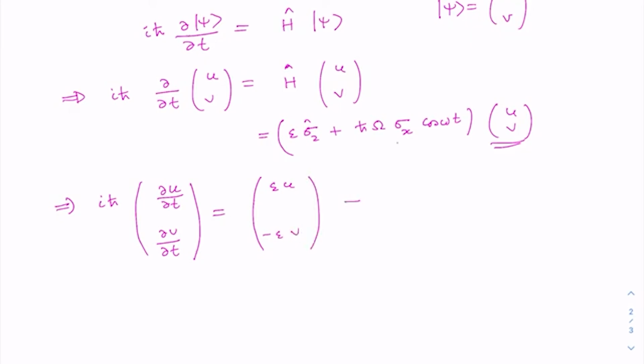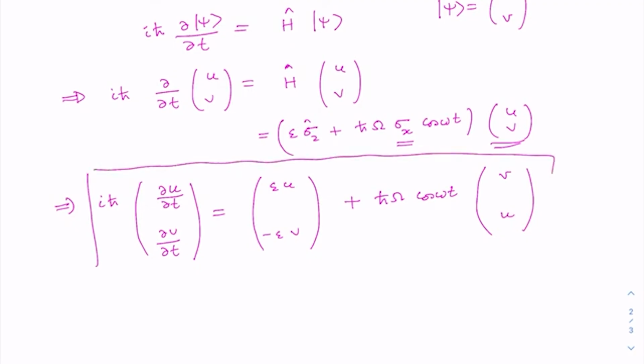The second term, because sigma x basically reverses these elements, you will get h cross omega cos omega t, and here you will get v, and it would be u. Okay, so this is what we'll get.